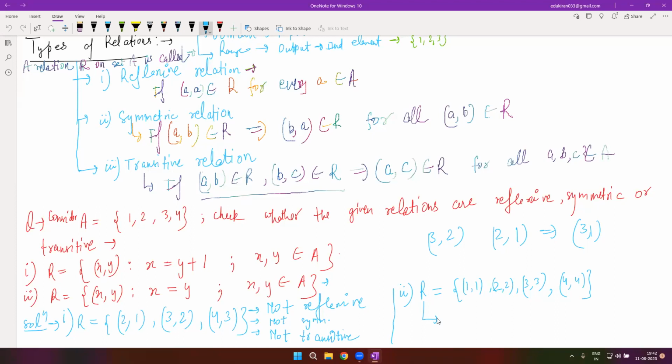What about Austin? Is the given relation reflexive? Yes, sir. Okay, because this contains 1 1, 2 2, 3 3, 4 4, right? All the 4 elements which were there in set A, 1, 2, 3, 4. Every element is connected to itself. So clearly this relation is reflexive.